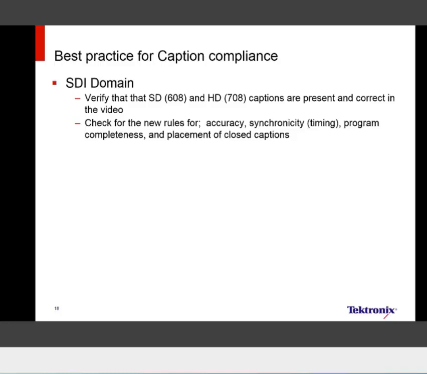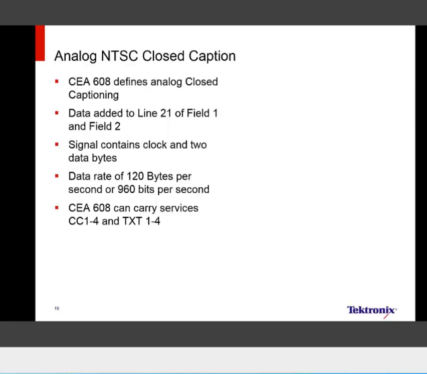It is mandatory per the standards that both payloads be included. We need to check for the new rules and do at least spot checking for accuracy, that it's synchronized to what's on the screen, and the program completeness, that it starts at the beginning and runs all the way to the end of the material.